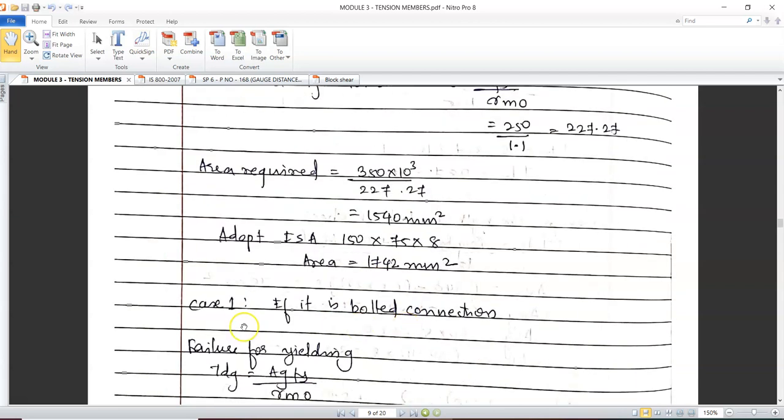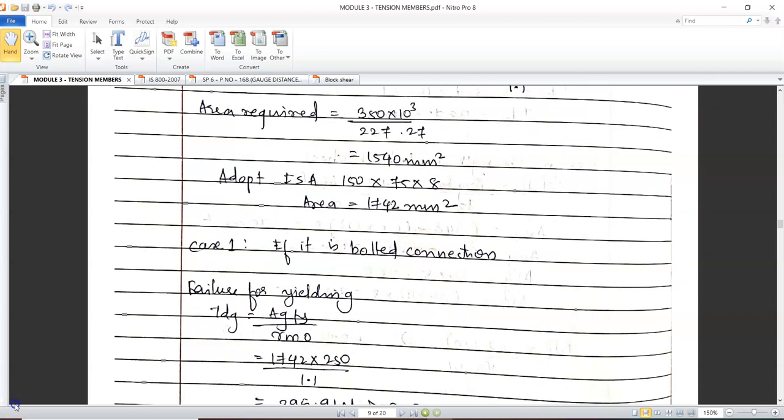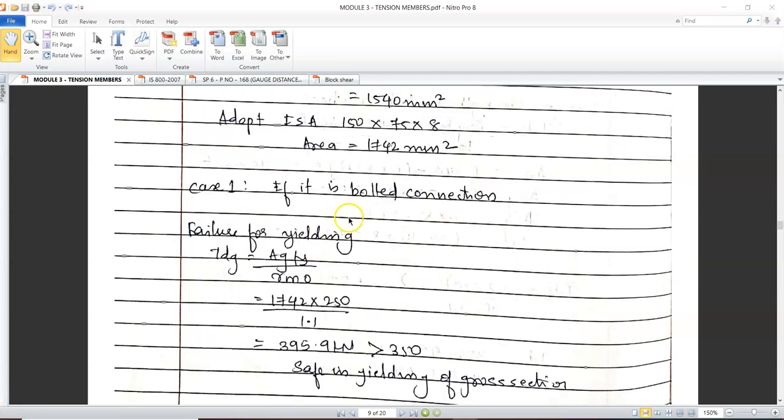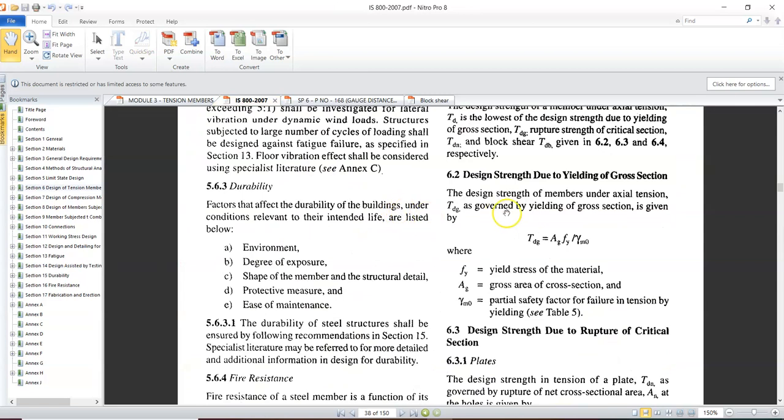Now we'll take case 1, if it is a bolted connection. Like discussed earlier, tension members have to be checked for 3 criteria as per IS 800 2007. One is design strength due to yielding of gross section.